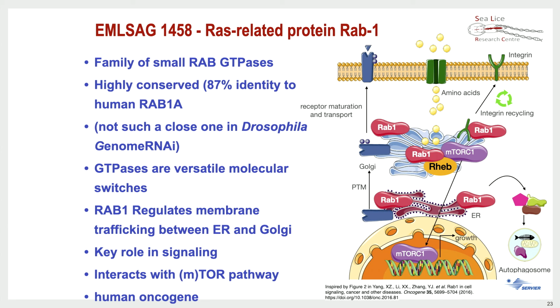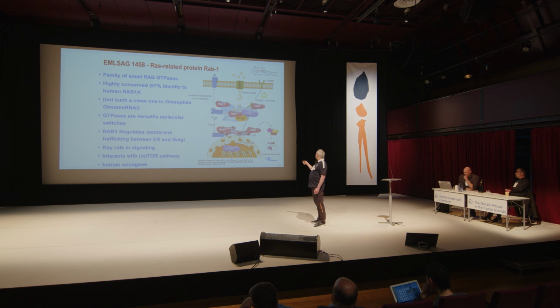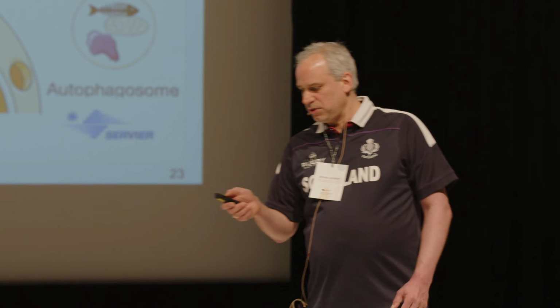So GTPases are versatile molecular switches, and they regulate a bunch of different processes, mostly involved in trafficking between membranes, right? From the ER to the Golgi, and they are involved in integrin recycling and autophagosome formation. They interact with the TOR pathway, and they are a human oncogene.